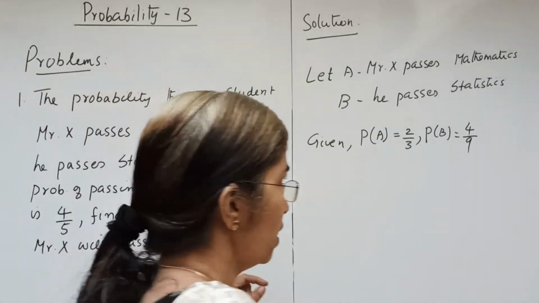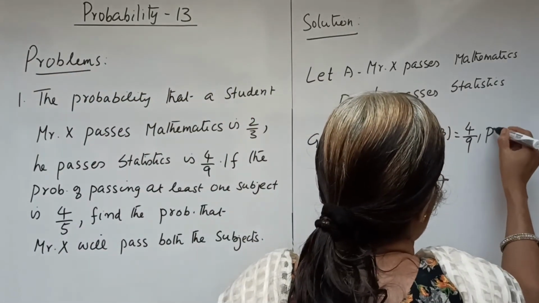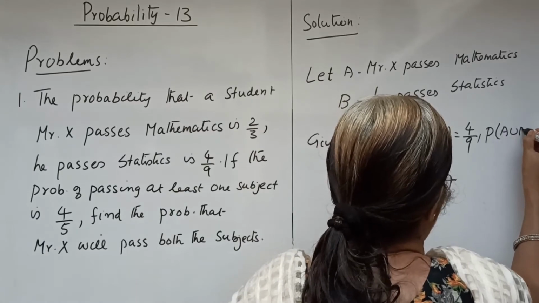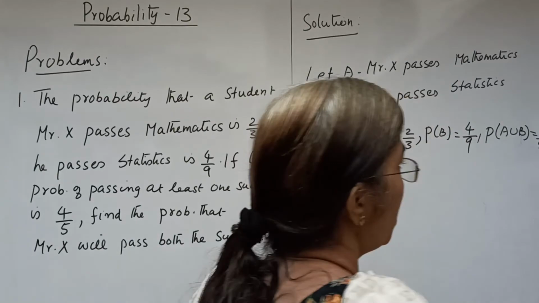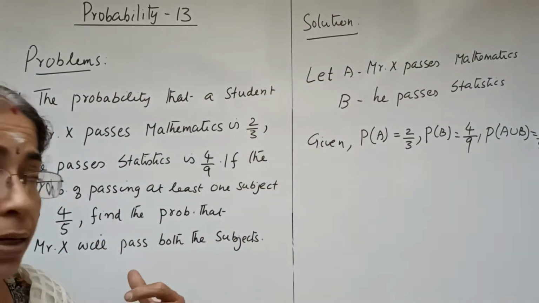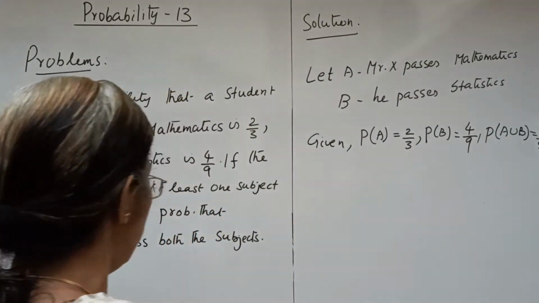It is given that P of A union B equals 4 by 5.